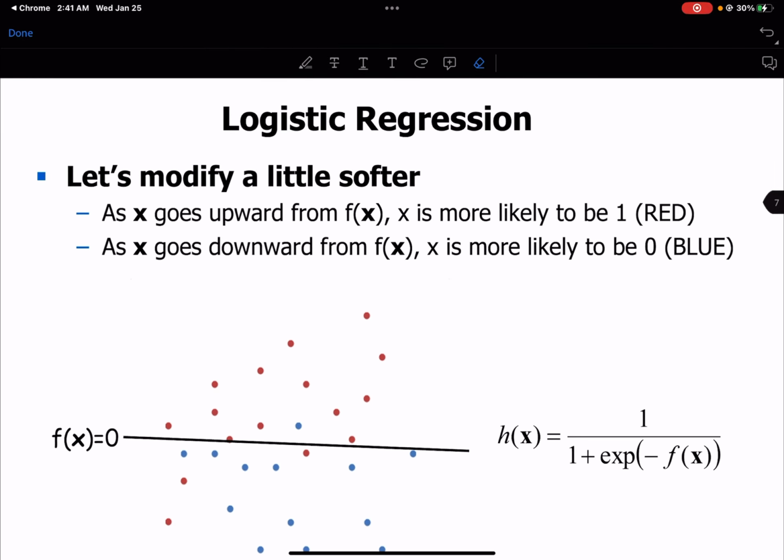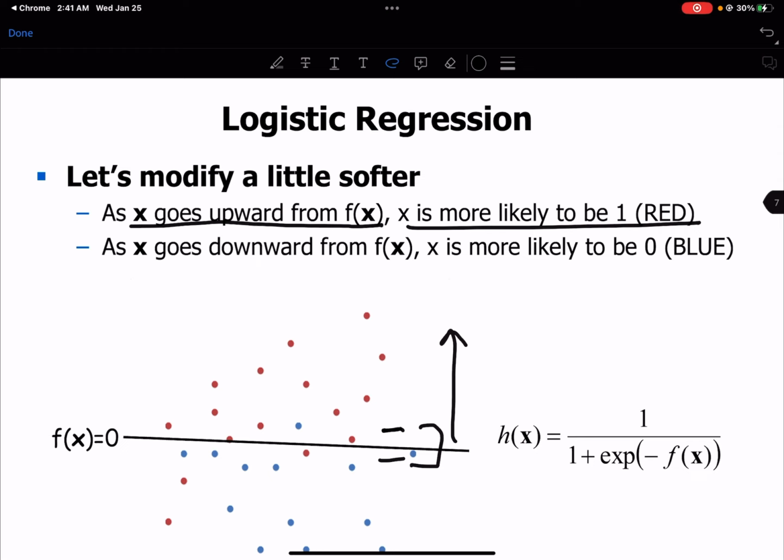Okay, so now we can write it as: as x goes upward from f of x, x is more likely to be red. The more we are away from this boundary, the more likely it is red. And as x goes downwards from f of x, it is more likely to be 0.